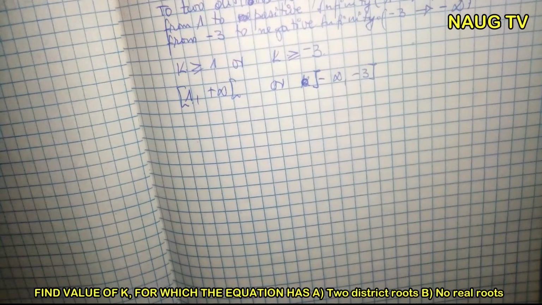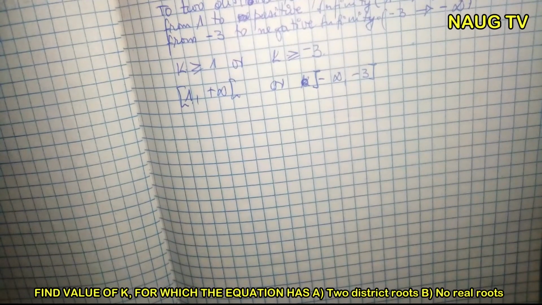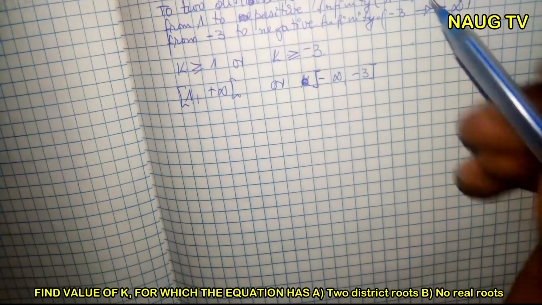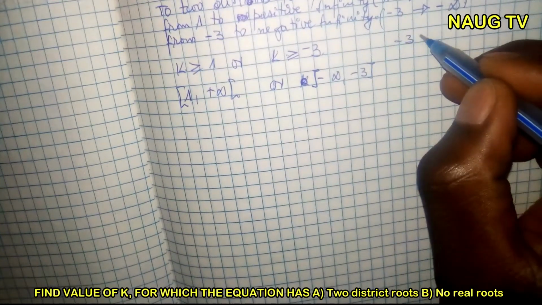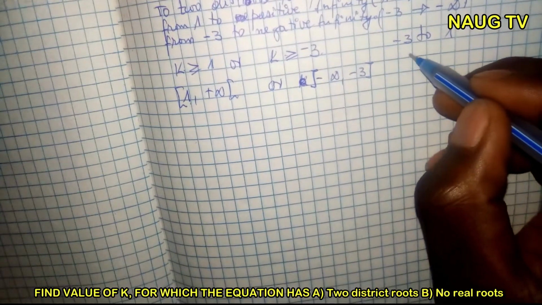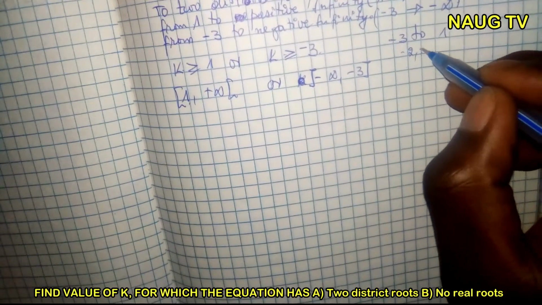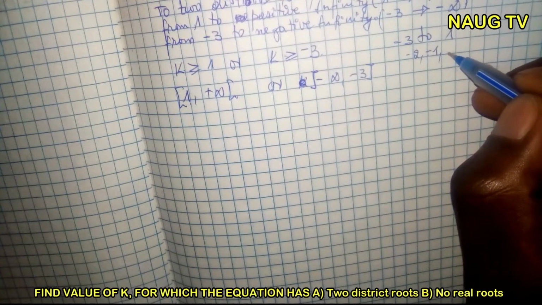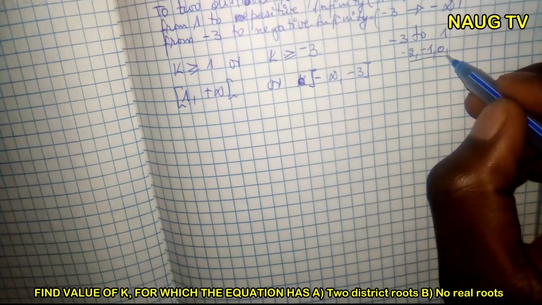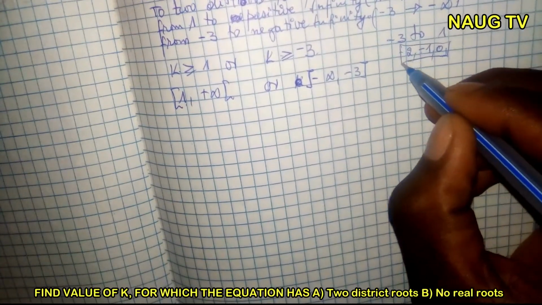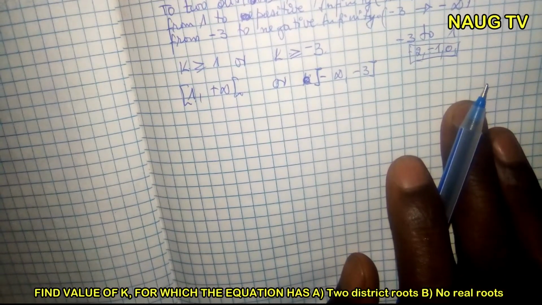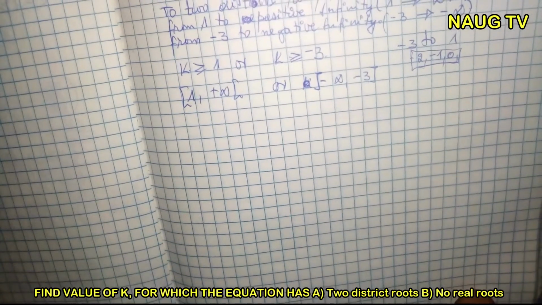And this simply means that the values between negative 3 and 1, I mean negative 2, negative 1, 0, yes, these values will make the equation have no real root.